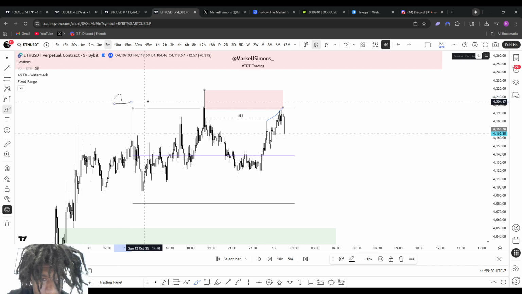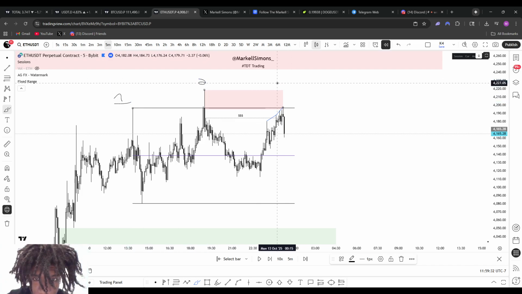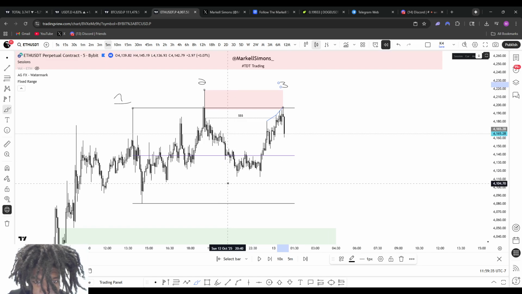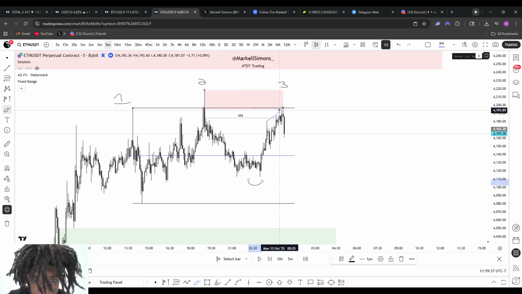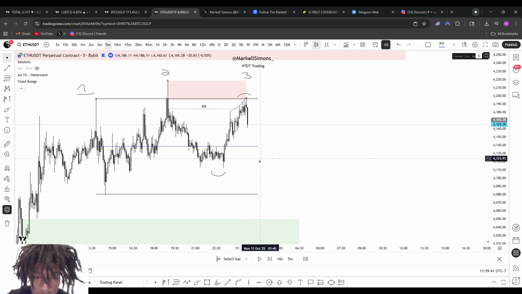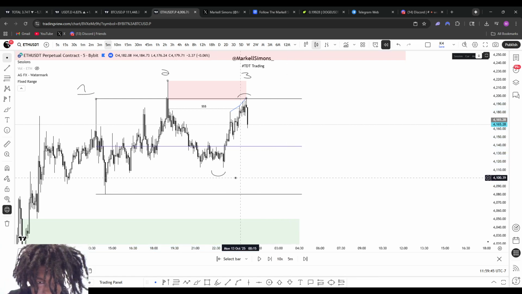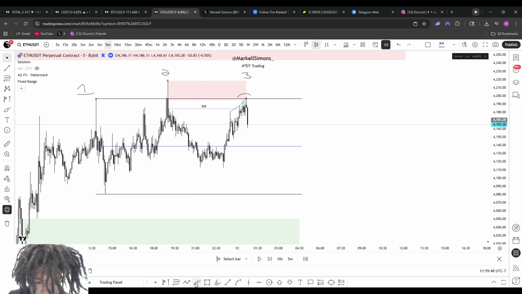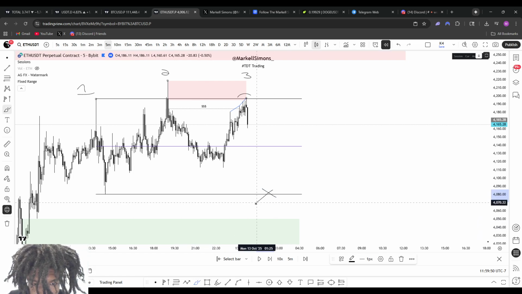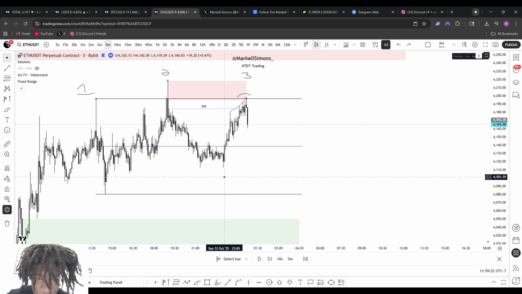This being your tap 1, this being your tap 2, this being your tap 3. So once we get a breaker structure back to bearish confirmation from this low coming into our third tap POI, that's when this model is confirmed and you can enter targeting the technical target, which would be the opposite extreme point, which would be the range low for a distribution schematic.